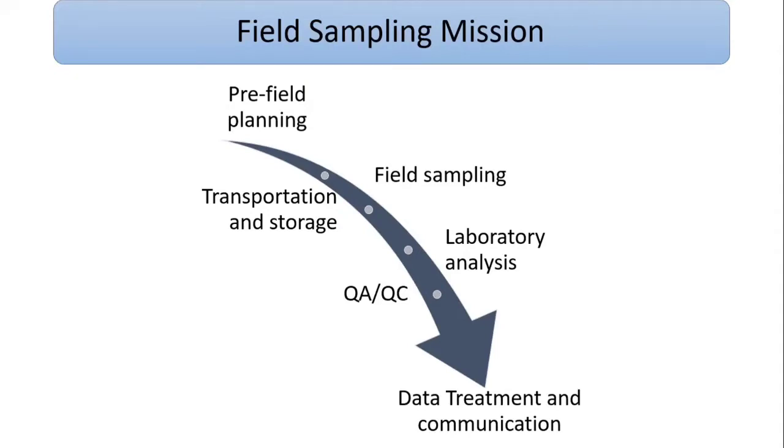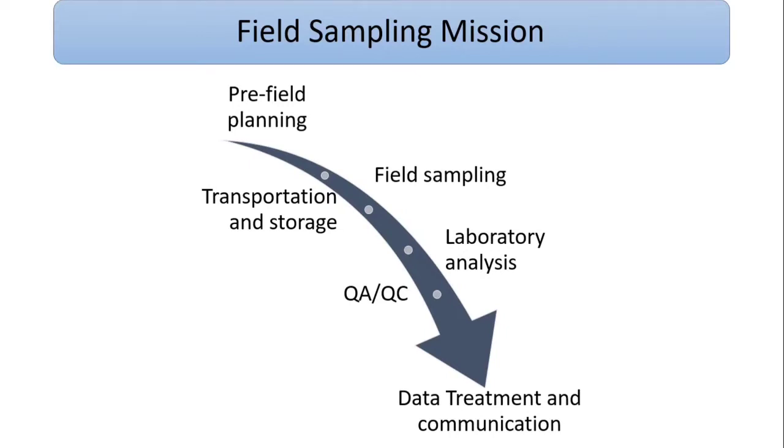In the pre-field planning, we also have to do these things: assembling the crew, field work instruction, safety plan, training and briefing the field crew, assembling equipment. Then the field sampling: collection of samples, labeling, recording, storing, chain of custody forms.